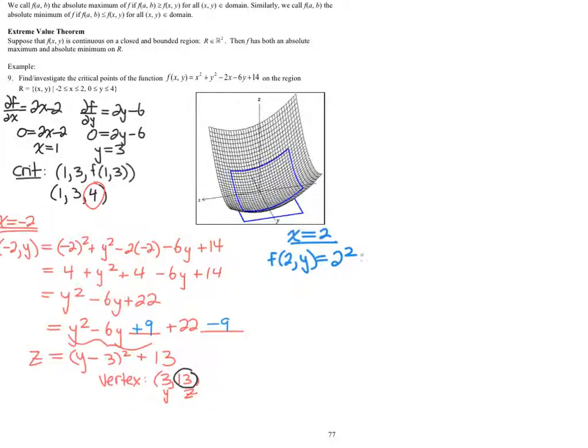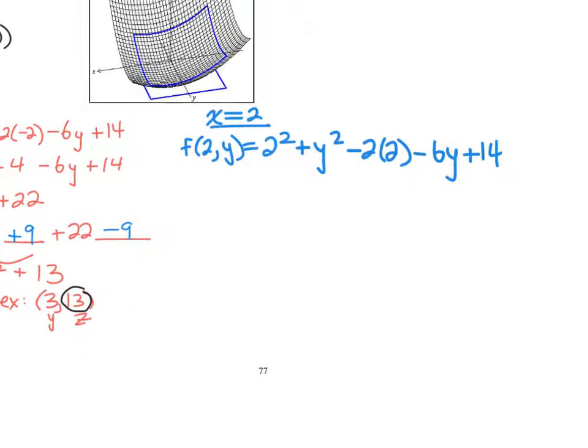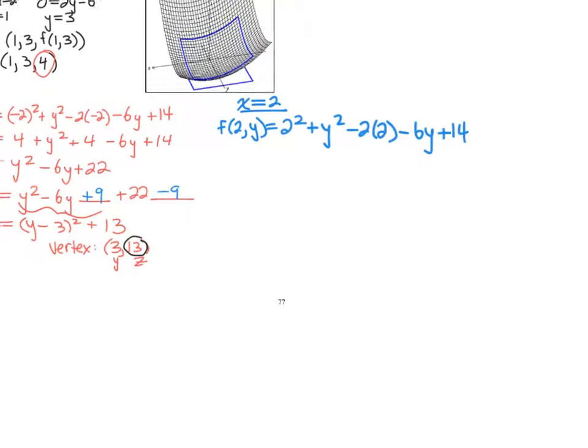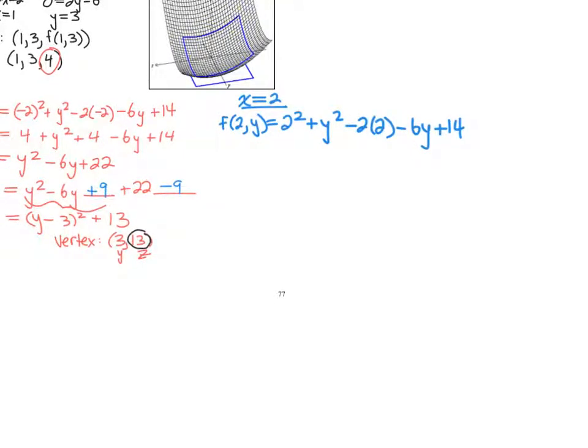So 2 squared plus y squared minus 2 times 2 minus 6y plus 14. It's the one I was expecting before, I think. Yep. Y squared minus 6y plus 14.